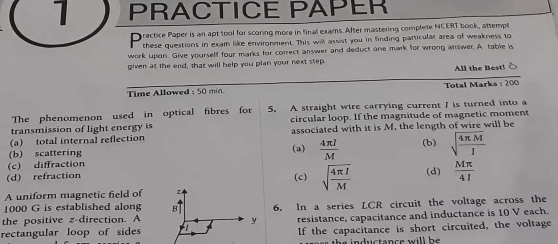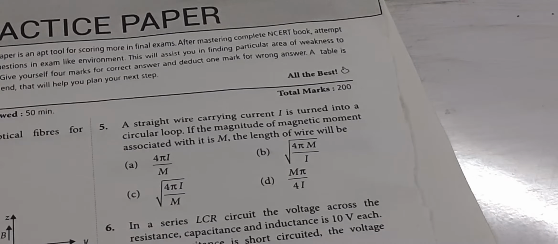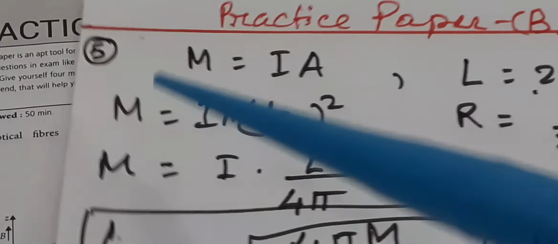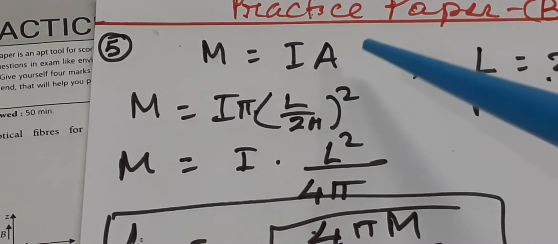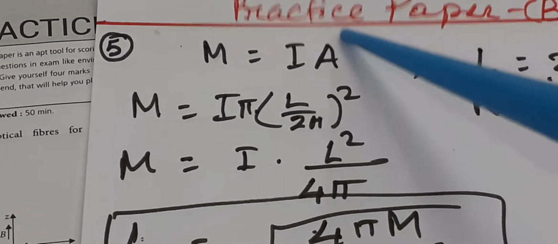The question is: a straight wire carrying current I is turned into a circular loop. If the magnitude of the magnetic moment associated with it is M, the length of the wire will be? We have to find the length. L equals 2 pi r, because it is converted to a circular loop, so r will be L by 2 pi. The magnetic moment is simply I into the area vector, with direction according to the area vector.